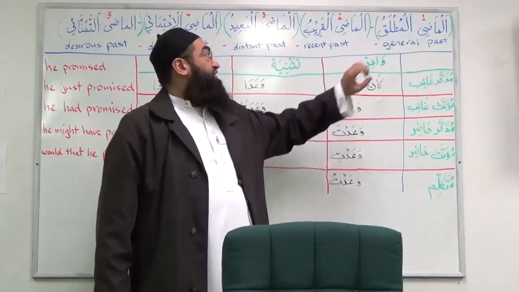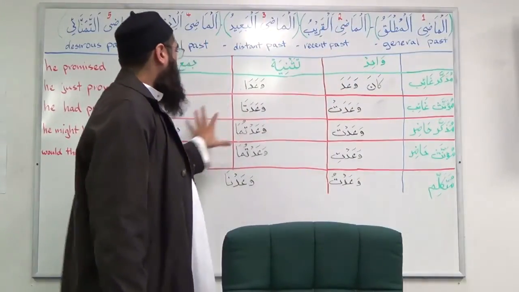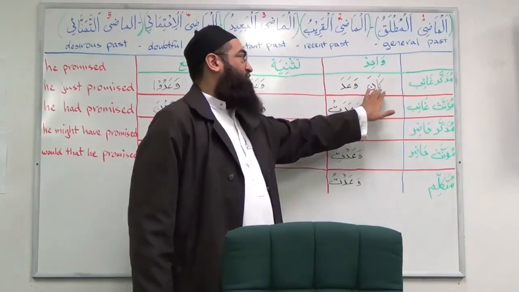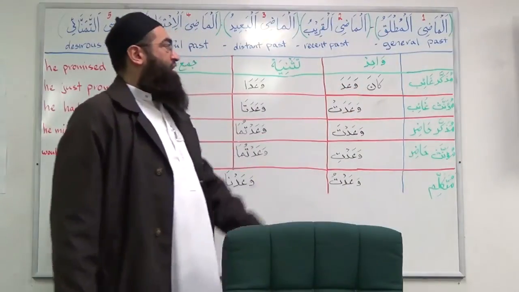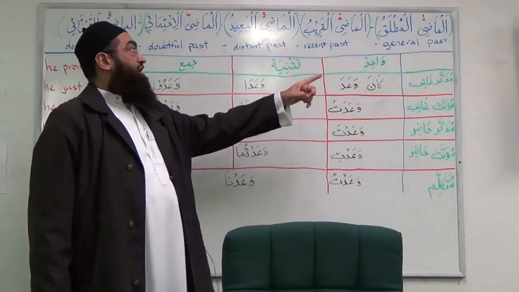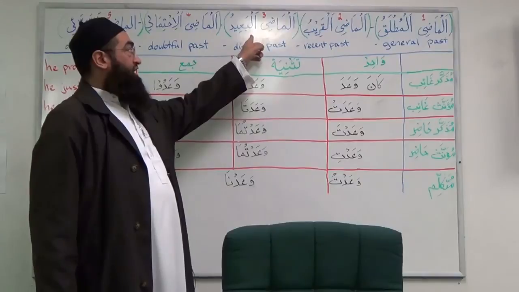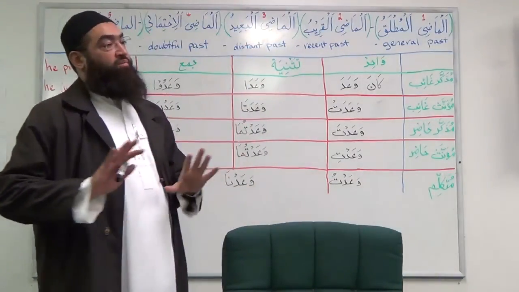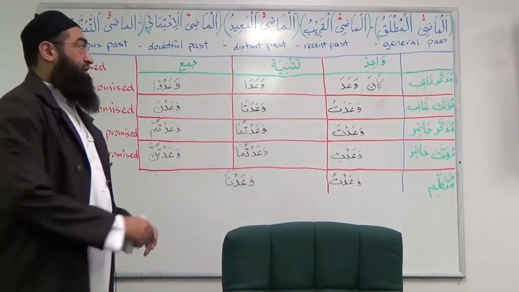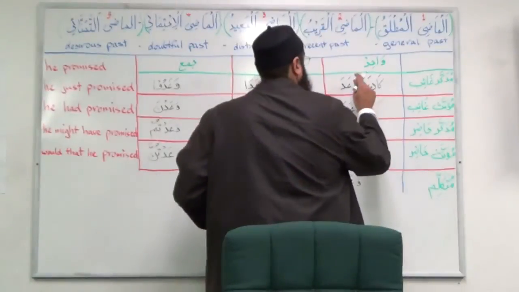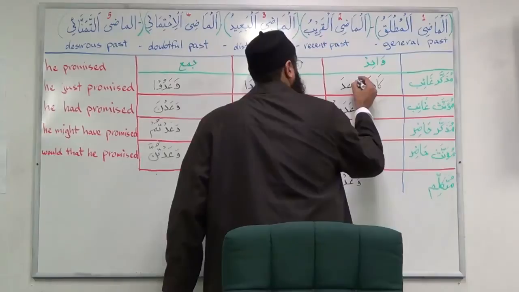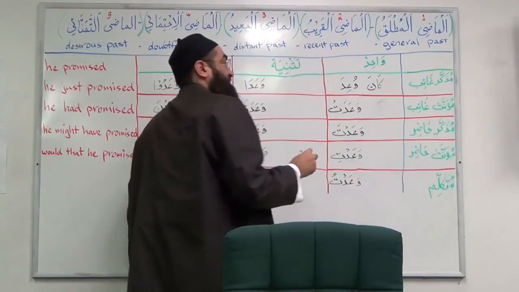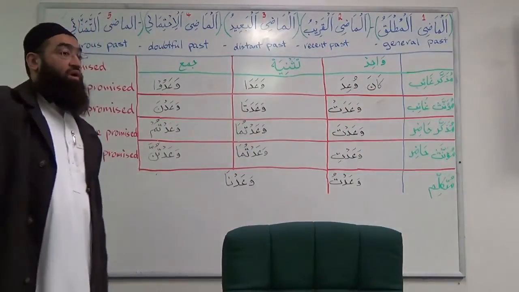But it's a little different than Madi Qareeb. That's why I haven't put the other ones yet. First, let's just understand. Whenever kana comes on top of a fi'l, Madi, it becomes Madi Ba'id, it becomes distant past, and it brings the meaning of something that happened in the distant past. Now, if this happened like this, kana wu'ida, he was promised long time ago.